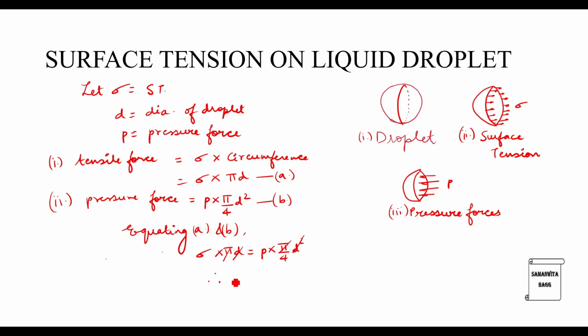So therefore, I can say that pressure over here will be 4 sigma upon d. This equation is valid for surface tension on a liquid droplet. So as the diameter is going to decrease, you can say that the pressure inside the droplet will increase and vice versa. So this is about the liquid droplet.